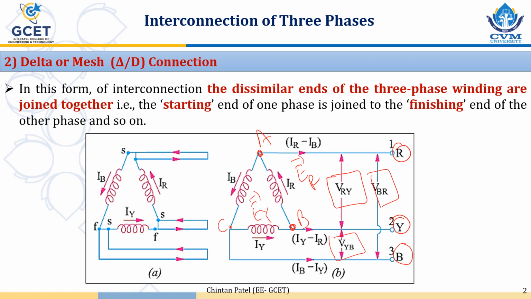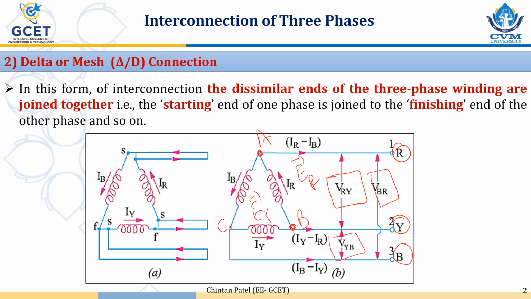It is VYB. And VYB is nothing but line voltage. And the same thing is true for B phase. Whatever EMF is induced in B phase, the same EMF is available at outer terminals, terminals R and B, that is VBR. So in delta connected network, the phase voltage is equal to line voltage.